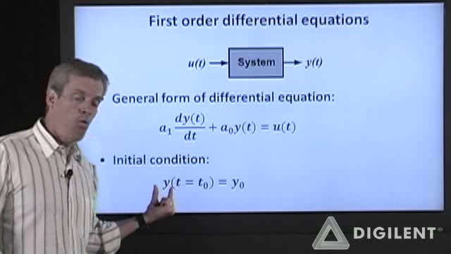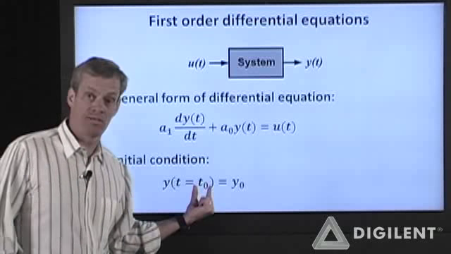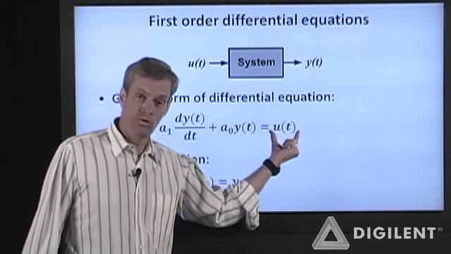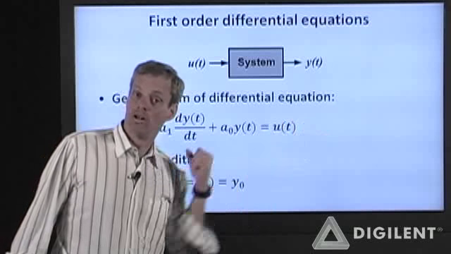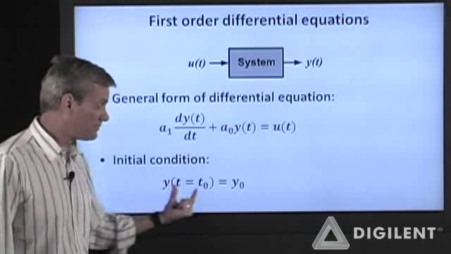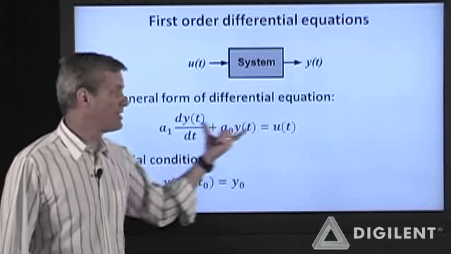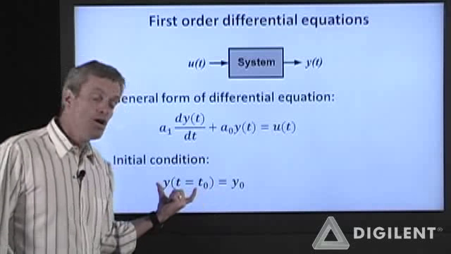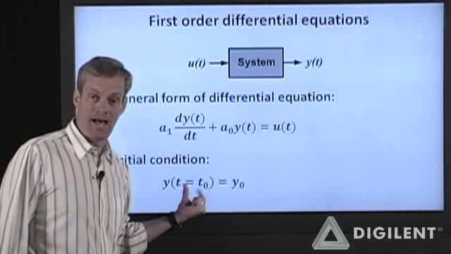So I need to be given Y at some time t equals t0, and that time is fairly arbitrary. As long as I know it at some time and I know U of t for all later times, I can find Y of t for all later times, assuming that A1 and A0 are constants. This is going to be some number Y0. Okay, so I have a governing differential equation in a very general form. I have some known initial condition, a value of the output at some time.